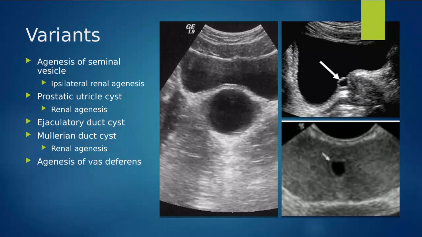Now, if we remember from our previous lecture, that seminal vesicle is going to be sitting right next to the bladder. It's not something that we are evaluating on ultrasound, especially transabdominally. But the thing that we need to be aware of is that this condition, if we don't have one of those seminal vesicles, is going to result in a missing kidney on that same side.